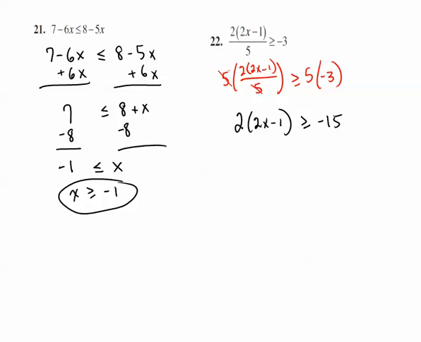At this point we're going to distribute. We get 4x minus 2 greater than or equal to negative 15. We add 2 to both sides.